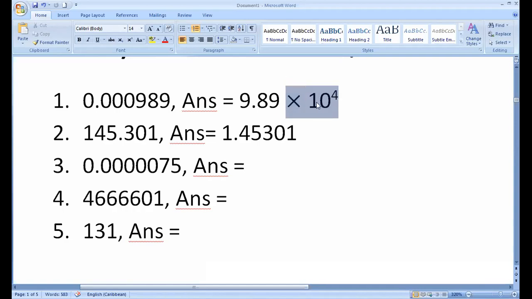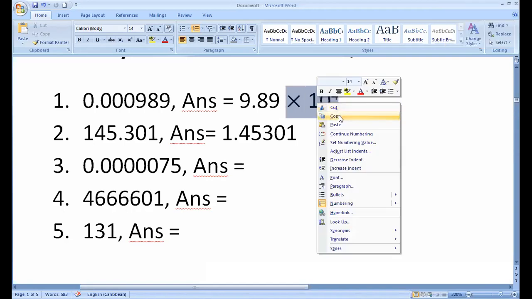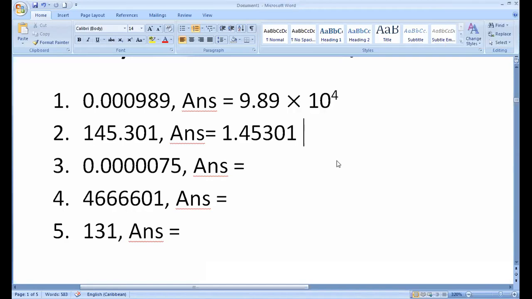Let me tell you, we're not rounding off here, so you have to write back everything. Okay, and it's times 10 to the 2. Yeah. All right, interesting.